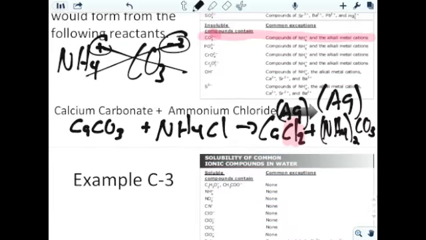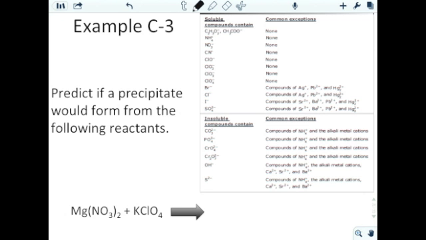They're both dissolved. Our last one, we have our magnesium nitrate and our potassium, and that should be our perchlorate. So we see these. Let's write our possible products.